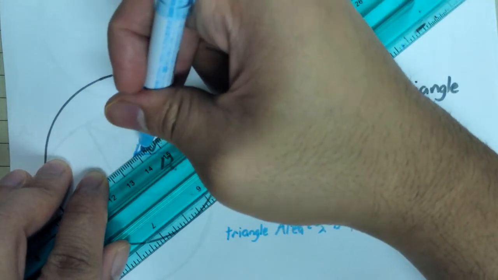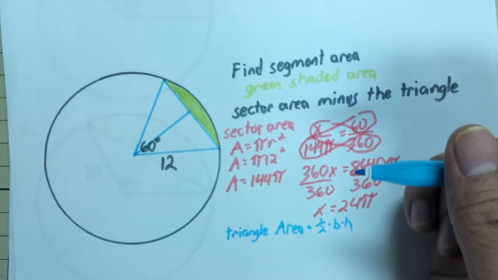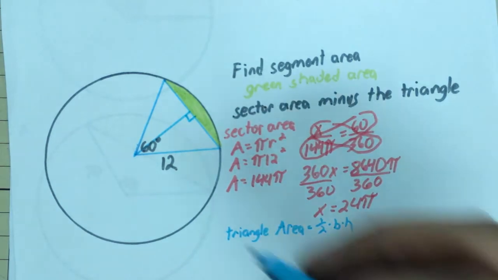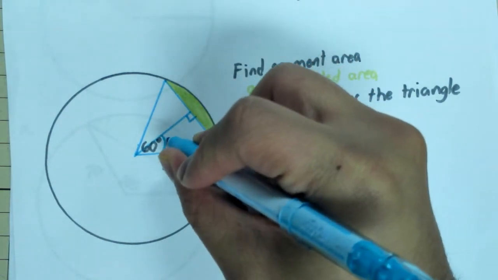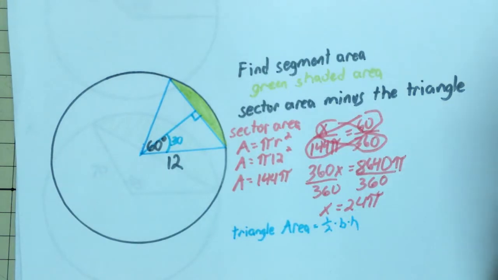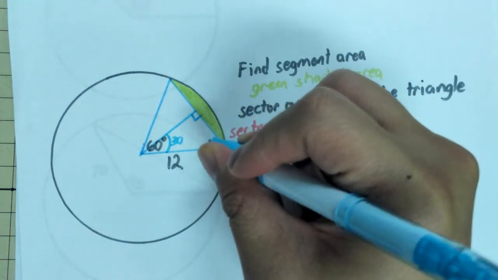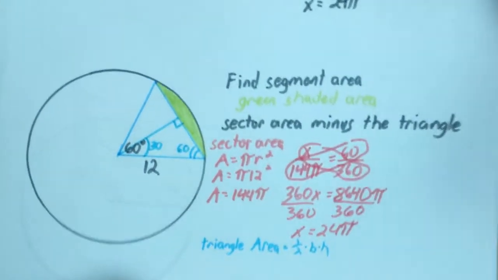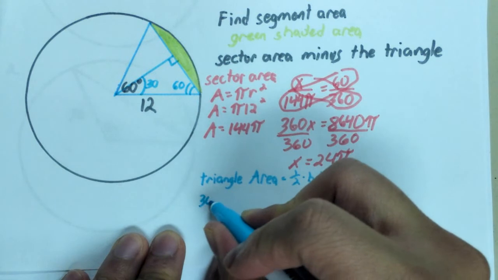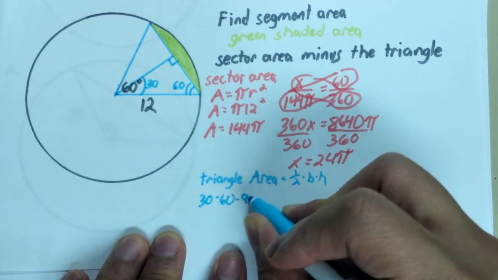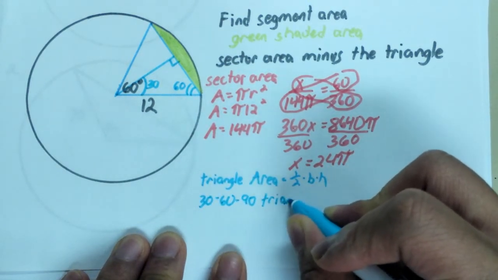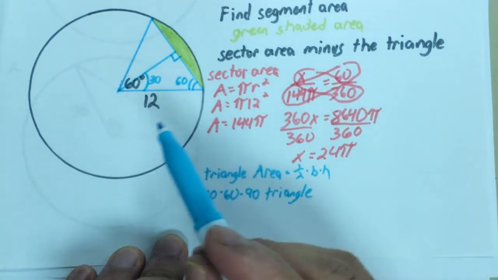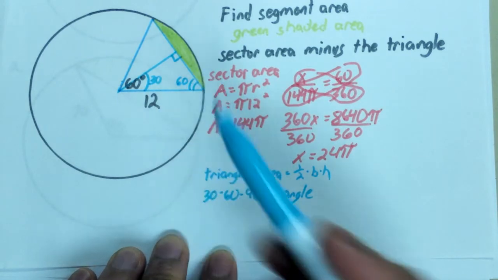So I will draw a right angle over here, 90 degrees, which makes this part 30 degrees because I cut that 60 in half, and it makes this angle over here 60. So we have a 30, 60, 90 triangle.